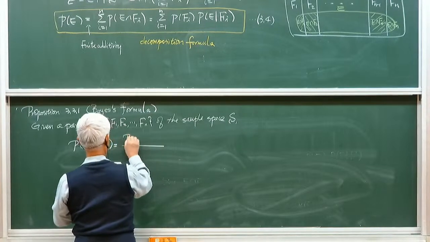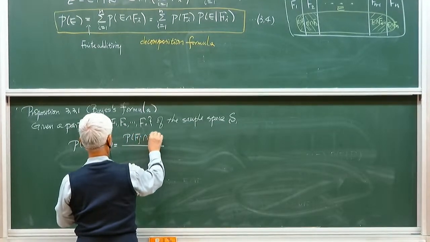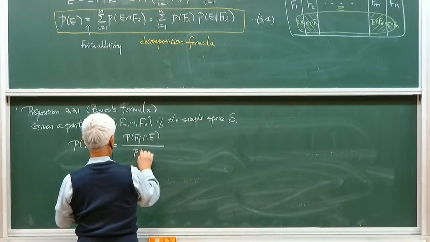This is the probability of Fj intersect E divided by the probability of E.